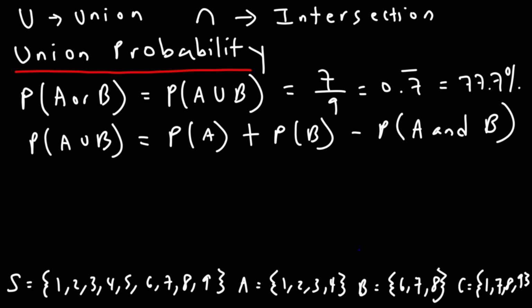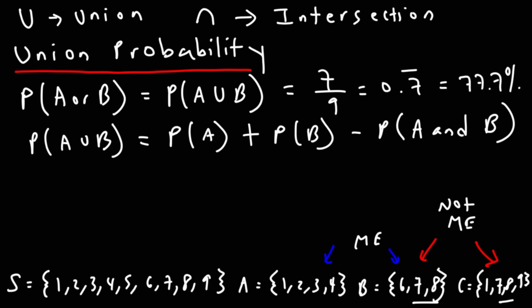Now earlier we mentioned that A and B are mutually exclusive because they don't have any elements shared between them. Now if we were to look at event B and C, these events are not mutually exclusive. The reason for that is because they share 7 and 8.